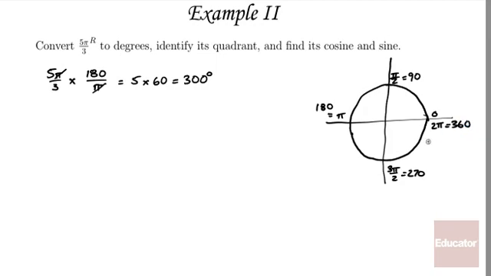Now, 5 pi over 3 is bigger than pi and smaller than 2 pi. In fact, it's pi plus 2 pi over 3. So that's pi, which is right here, plus 2 pi over 3.